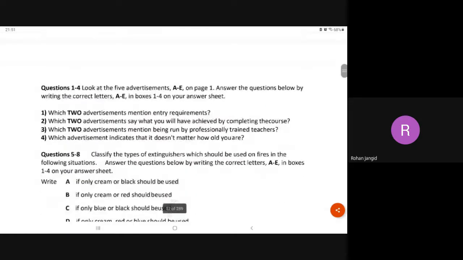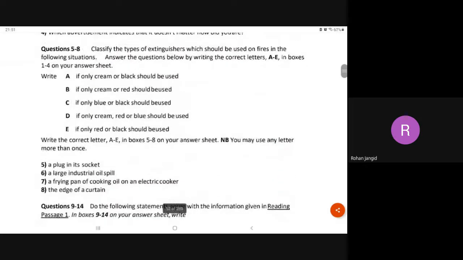Now the question says a plug in its socket, right? So you have to find out कि अगर plug in its socket में fire है, right? So कौन सा extinguisher का combination can be used, right? Okay, I will give you just 5 minutes to attempt the 5th, 6th, 7th, and 8th question.